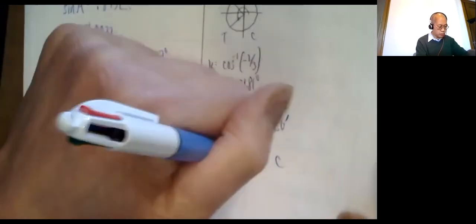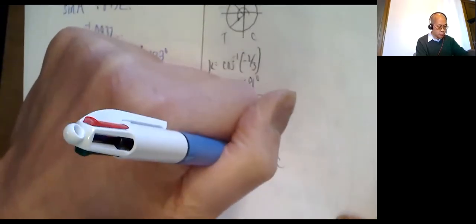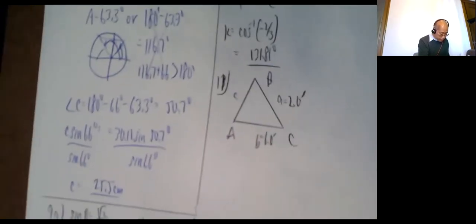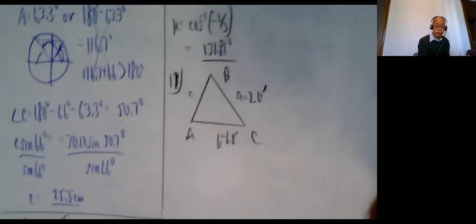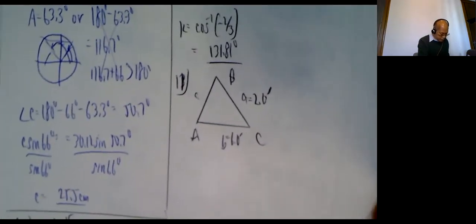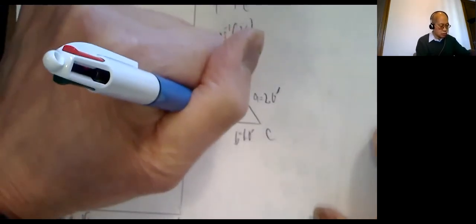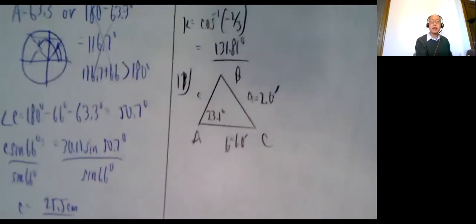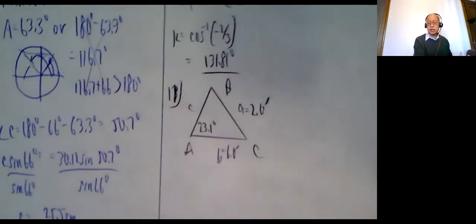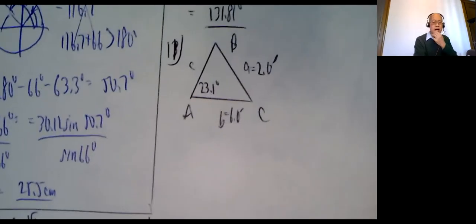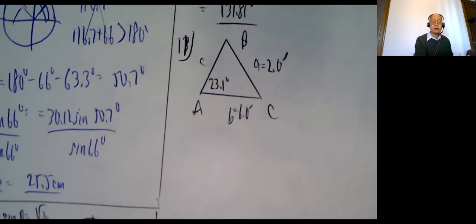Little b, 6.0. Then what do they say? Angle A, 23.1 degrees. Okay, they're saying that this triangle is impossible. How do you do that?